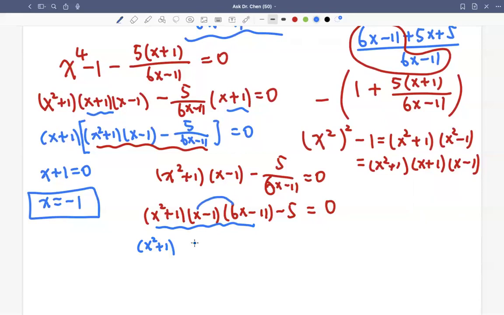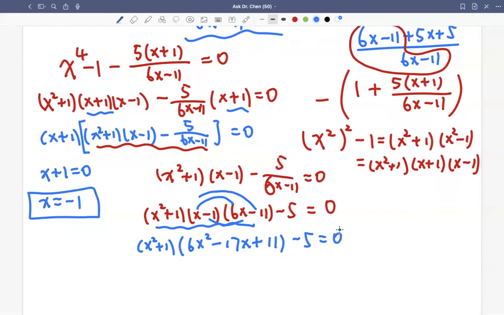So x times 6x, we get 6x squared. Then x times negative 11 is negative 11x, and negative 1 times 6x is negative 6x, so we get negative 17x for the middle term. Then negative 1 times negative 11 is positive 11.